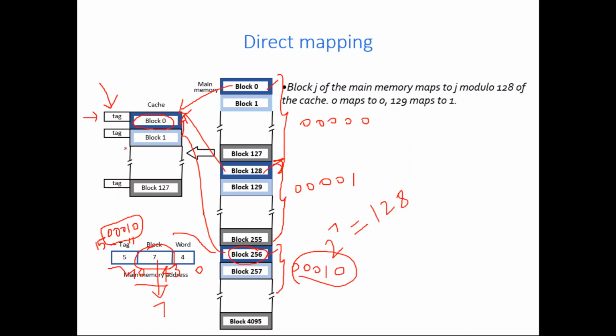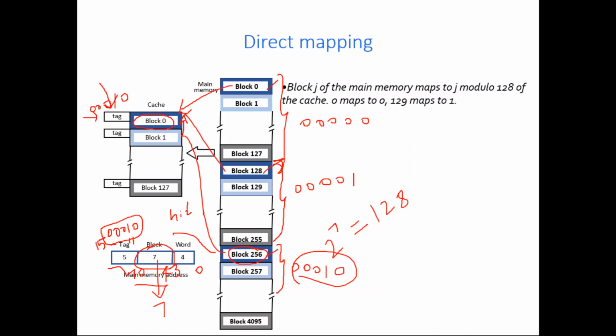Then the cache circuitry will check whether the tag here is also 00010 or not. If it is, then this is actually mapping to block 256 of main memory. Then it will be a cache hit.